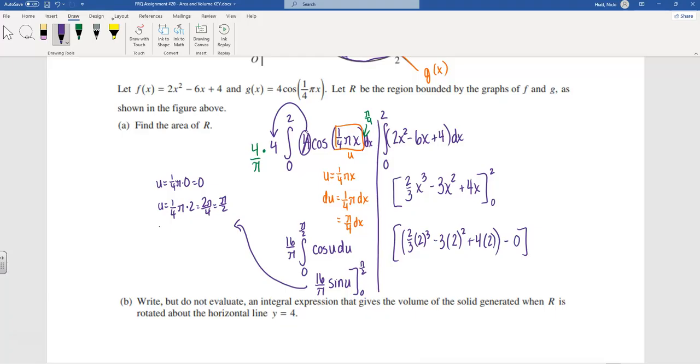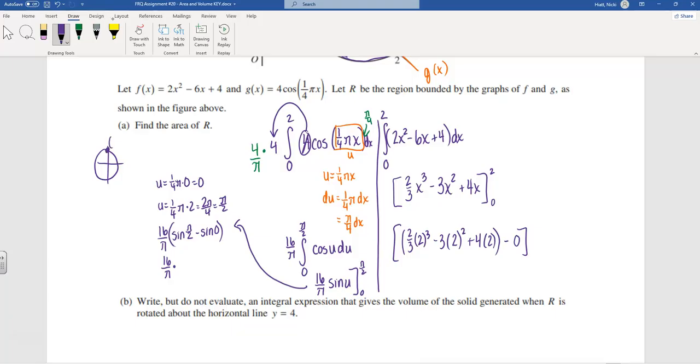So this is going to be 16 over pi sine of pi over 2 minus sine of 0. And so that is 16 over pi times, what is sine of pi over 2? Unit circle.